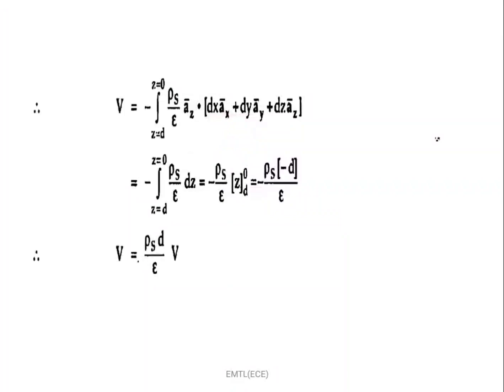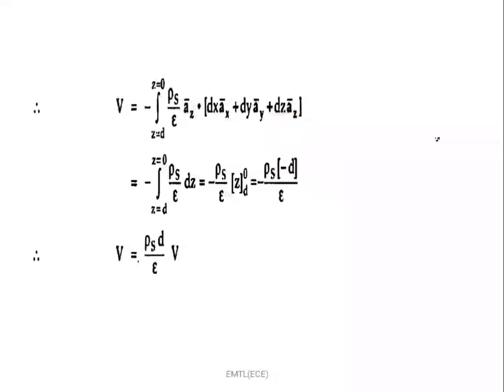That means only Az dot product with Az remains, and Az dot Az is equal to 1. So finally rho s by epsilon into dz. Why? Because the dot product between the same unit vectors is equal to 1 and the dot product between different unit vectors is equal to 0.